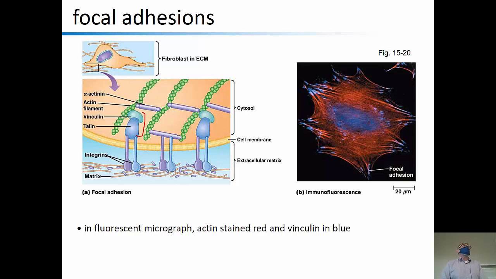This is a micrograph of a cell where the actin is stained in red and the vinculin is in blue. We can see the vinculin localizes to the plasma membrane, and it also localizes to the actin. So we can call this a co-localization type of experiment, where we're using 2 different fluorescent stains, saying 2 things are in the same space, so they're likely interacting.